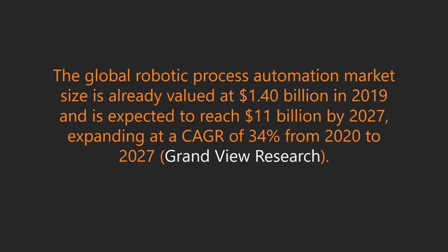So now, with the situation in hand, RPA is also a good solution because we still need the work to happen where we are not using human resources. Along with that, the global robotic process automation market size is already valued at 1.440 billion in 2019 and expected to reach 11 billion by 2027, expanding at a CAGR of 34% from 2020 to 2027, as mentioned by Grand View Research.